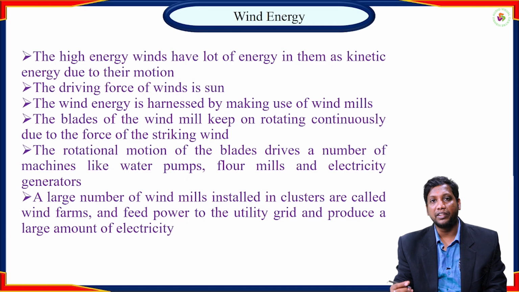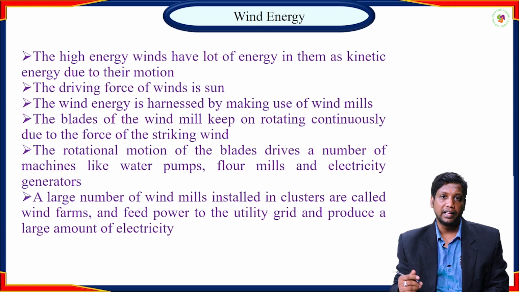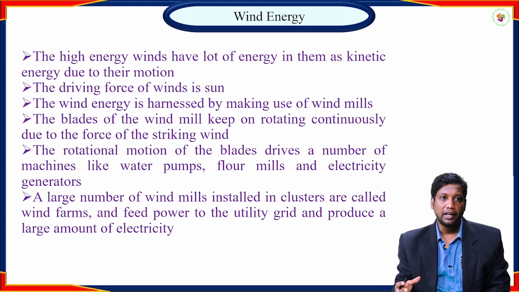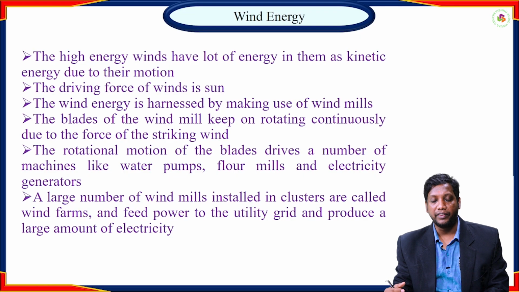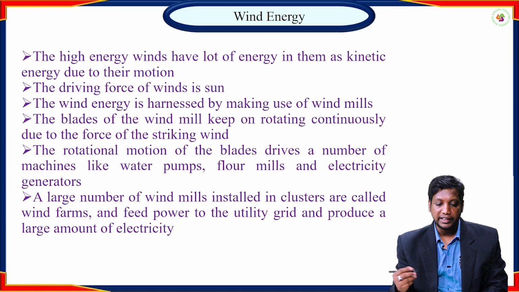Because of the solar radiation, the air available in the atmosphere will be heated, and that will cause the movement of the wind. Due to the Earth's rotation about itself, and also its movement towards various latitudes, that will result in the wind movement. That is the main driving force for the wind.